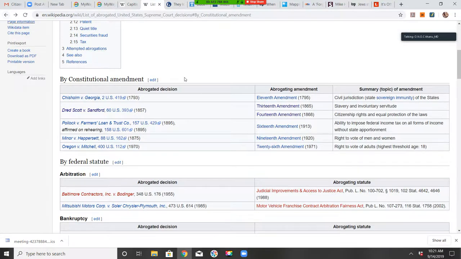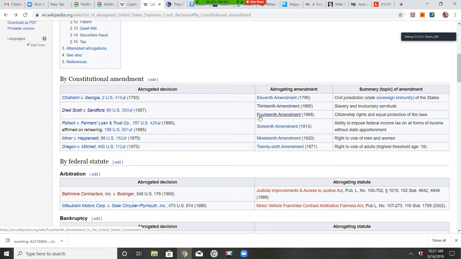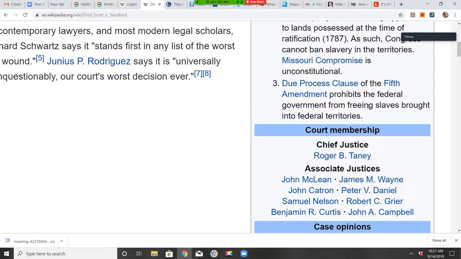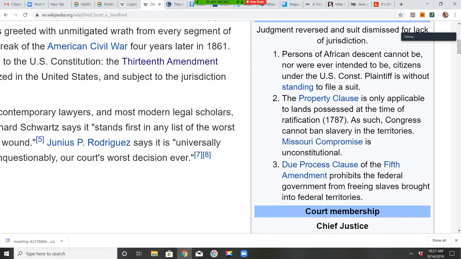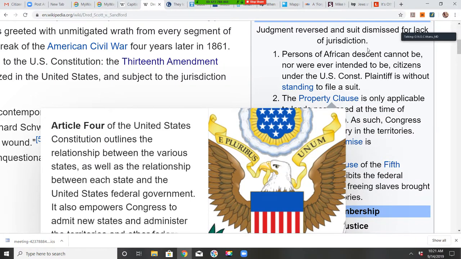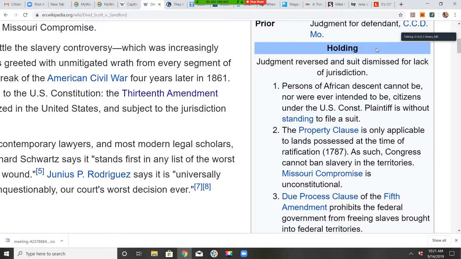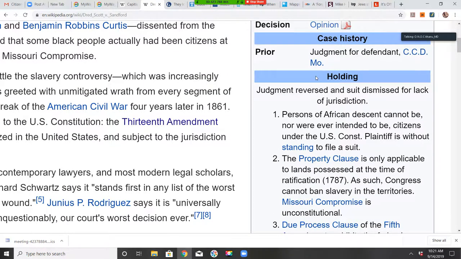We know that the 14th Amendment is one of the amendments that changed the Dred Scott. But how? How did it change? The 14th Amendment was the offer of citizenship. Now, how do we know that the 14th Amendment didn't just change blacks into citizens?